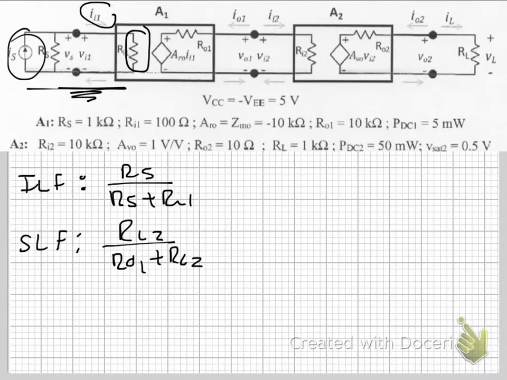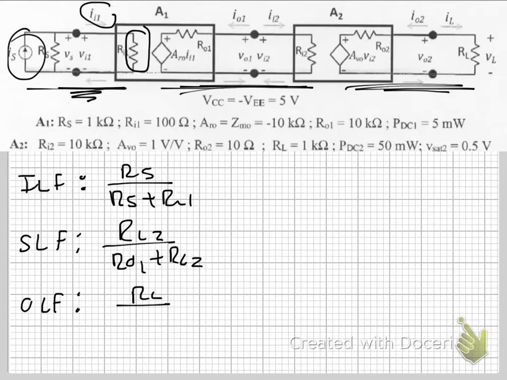So here we've got a voltage stage, so we use the voltage version of the loading factor, and the same is happening here. So output loading factor is RL over RO2 plus RL.